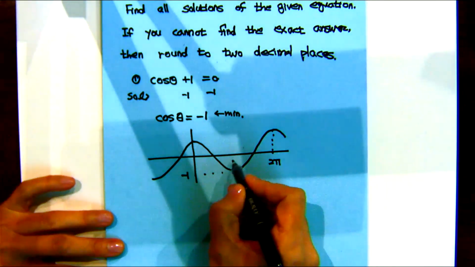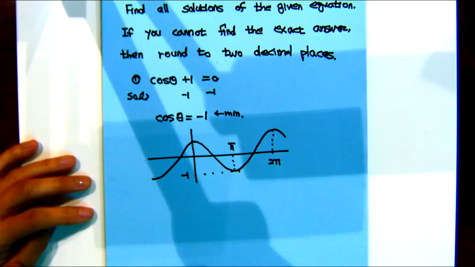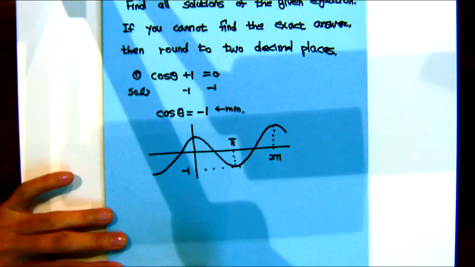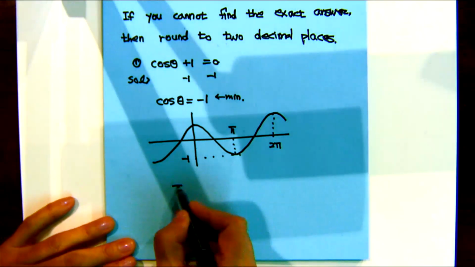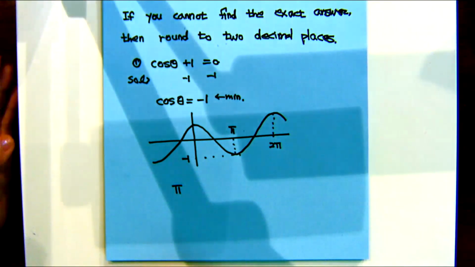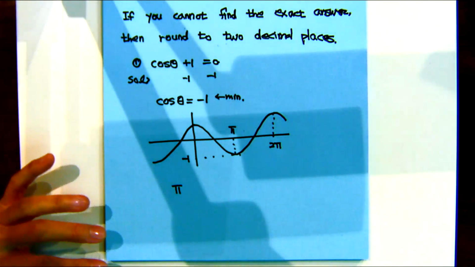That happens when theta is pi, right? So when we think about the solution within one period, 0 to 2 pi, we have only one solution, pi, but the cosine function is not 1 to 1.